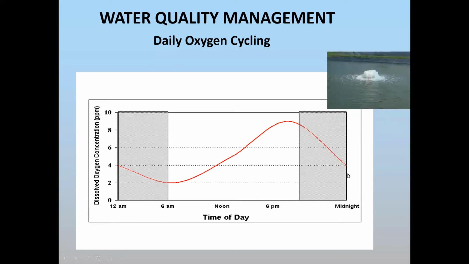You can supplement oxygen levels in ponds by using various types of aerators. This is a picture of a surface sprayer, which is basically a motor and a propeller that is agitating the water, increasing that air to water contact, which puts oxygen in the water. You could use a bubbler type of system, but it's very important to understand proper placement of the aerator, particularly if you're using a bubbler system.